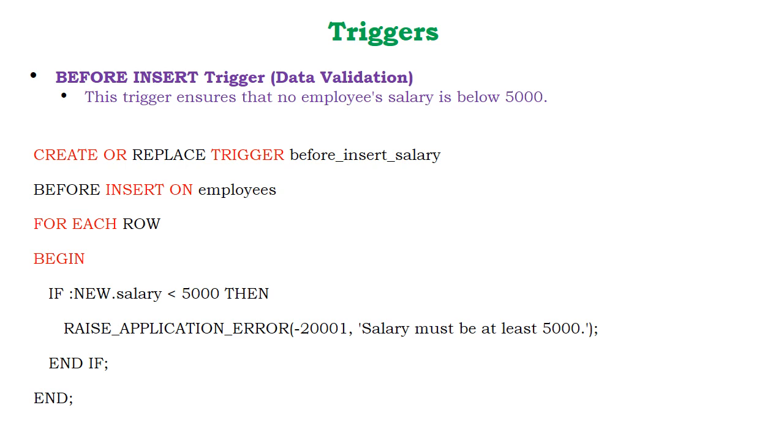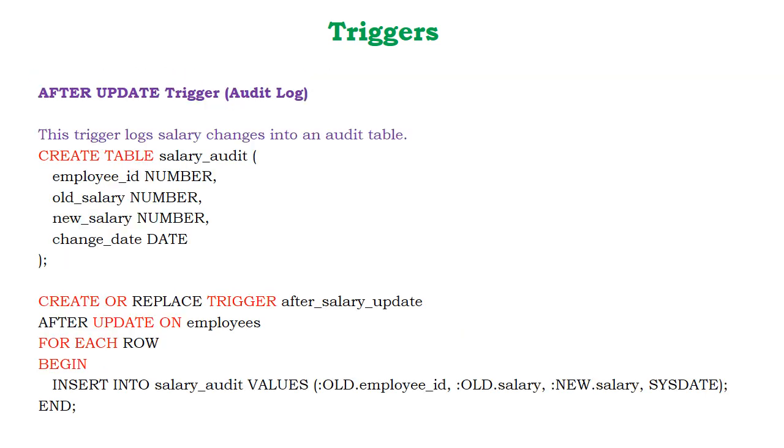For each row, begin. The condition is if new dot salary is less than 5,000, it will raise an error, for example, salary must be at least 5,000. Then end if. The trigger will execute automatically. Whenever you enter a salary less than 5,000, the trigger will execute and raise the error.